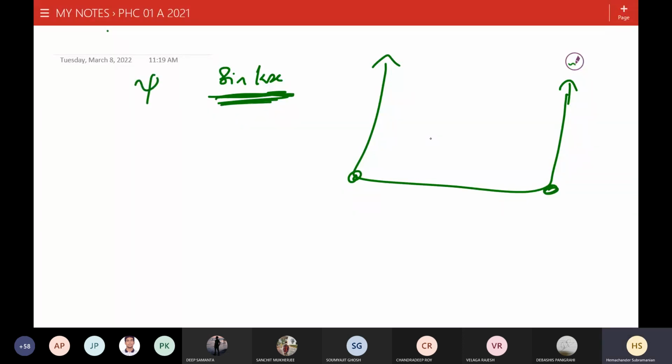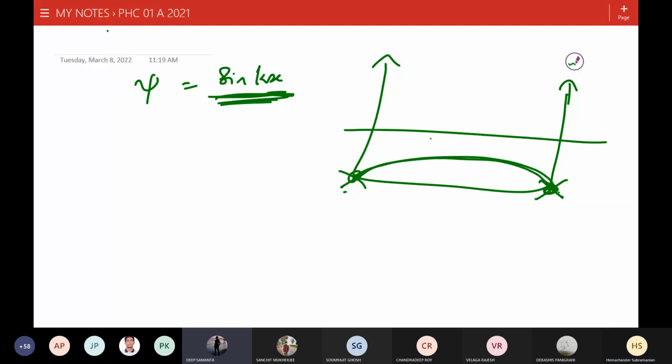This is your wave function, and the wave function must go to 0 at the edges. What kind of sine functions can you imagine which go to 0 at these two points? The sine graph between 0 to pi, 0 to 3 pi, like that. So this is one function, and this is another function, and this is another function.